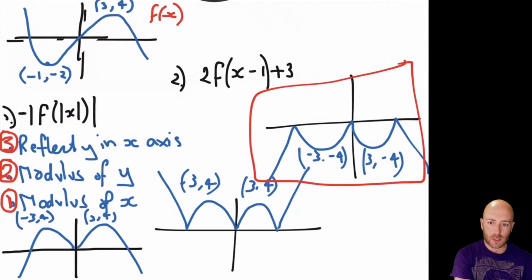So the modulus of x we could have done last if you wanted to. It wouldn't actually have changed anything. So modulus of y next because it's multiplication multiplied by -1. Remember, modulus of y reflects all the negative y's. Modulus of x reflects only the positive x values in the y-axis. So careful on your definitions of those ones.